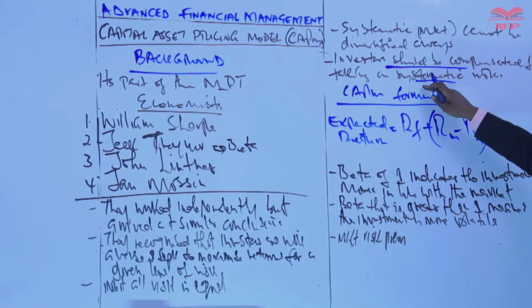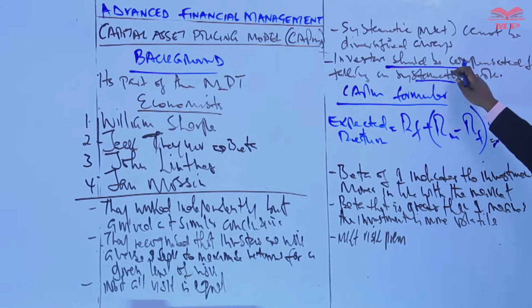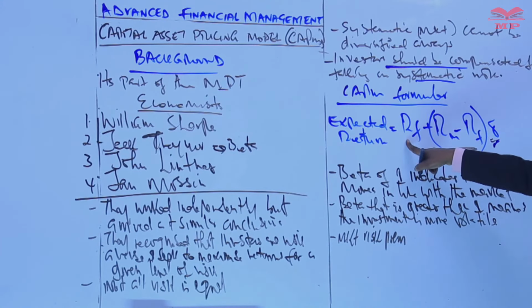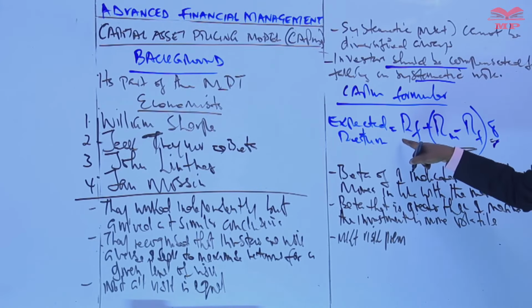So this compensation is additional. That's why here we are adding this premium. This is a premium. We are adding it to the risk-free rate, which could be a government bond. The return or yield on a government bond, the beta is 0. Risk is 0.